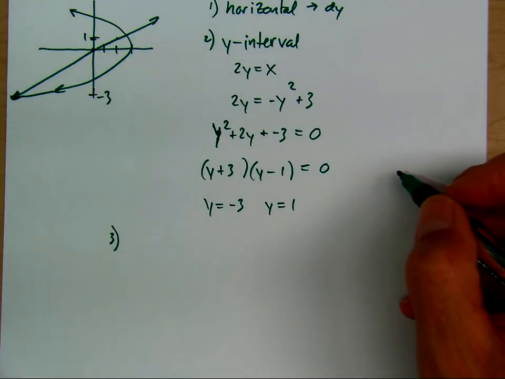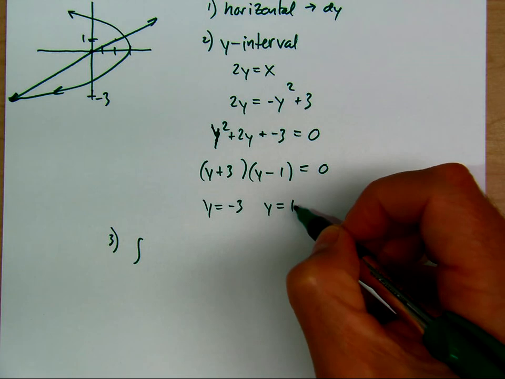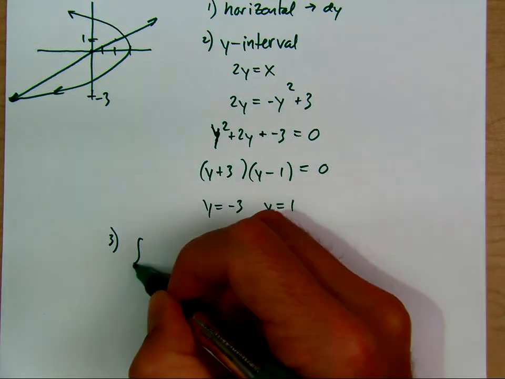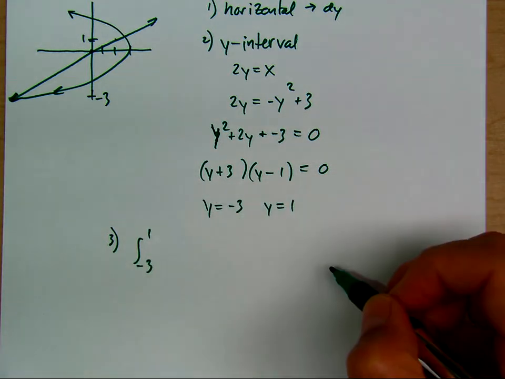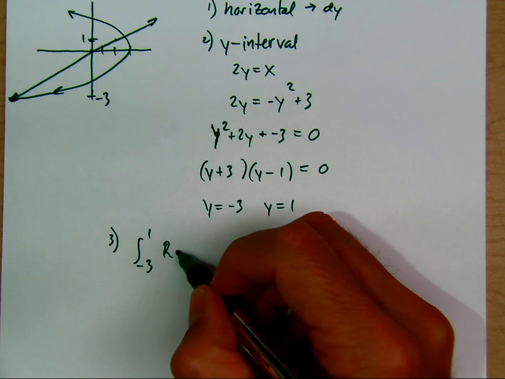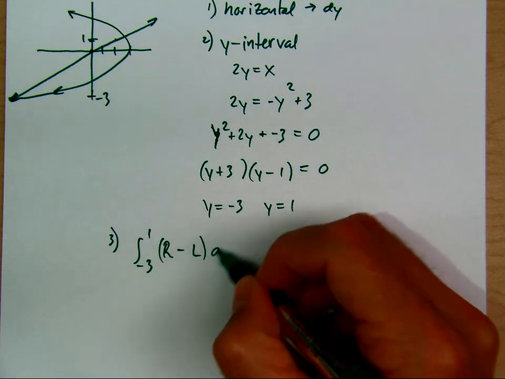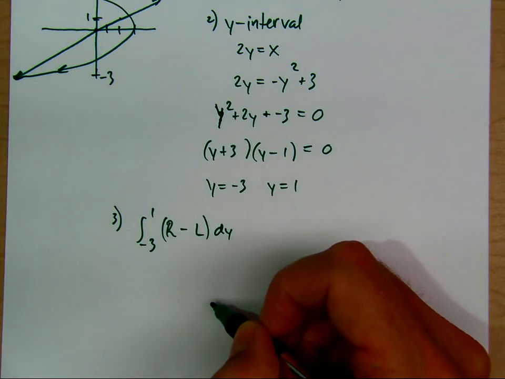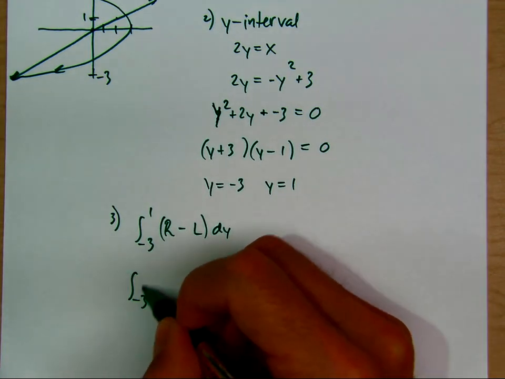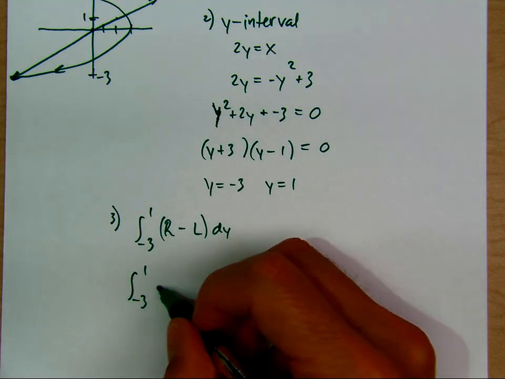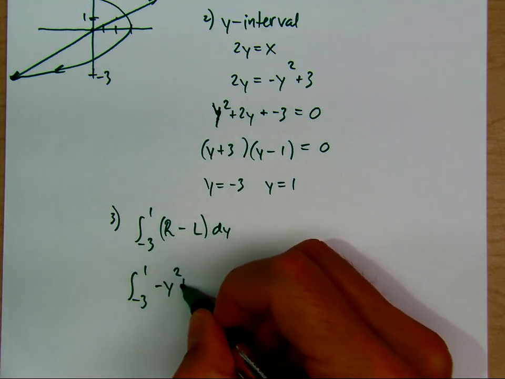And now we integrate from negative 3 to 1, and that's going to be right minus left. The right side is negative y squared plus 3.